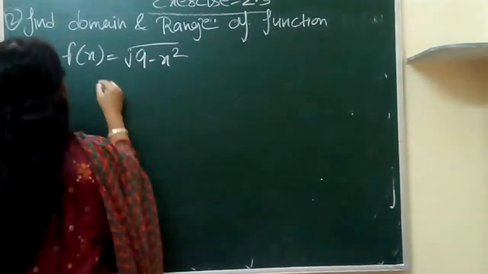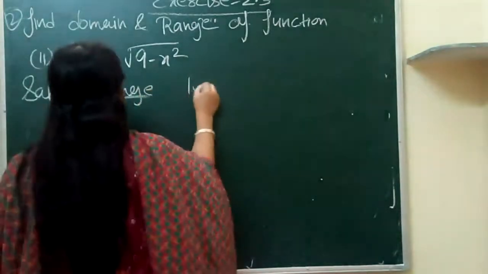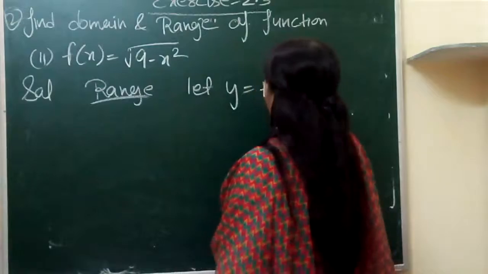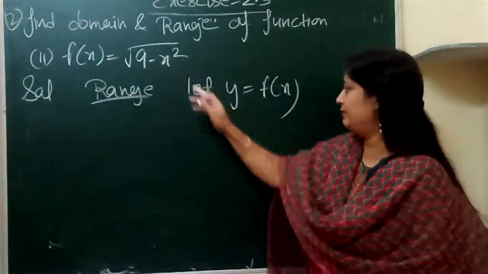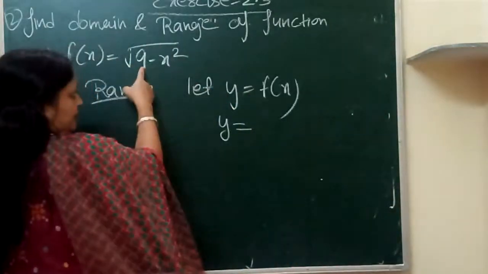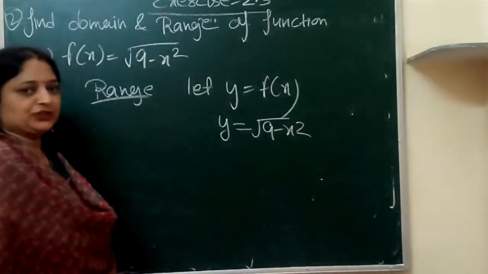For the range, let y be equal to f of x. Now for the range, f of x is equal to y. We put in the value of f of x, the root of 9 minus x square, because y is equal to f of x.